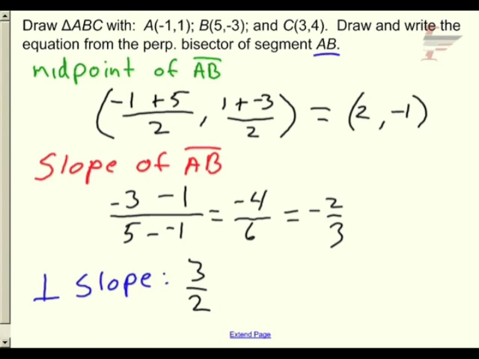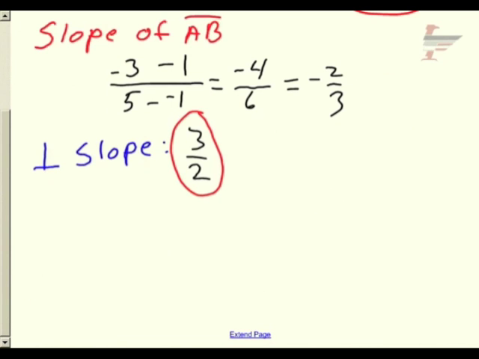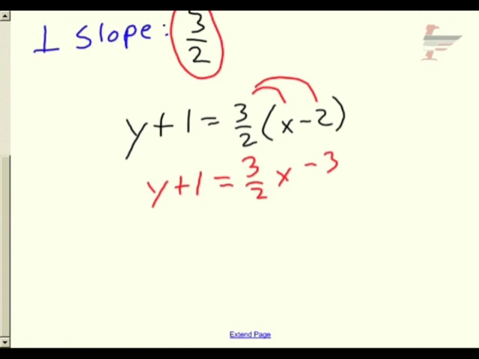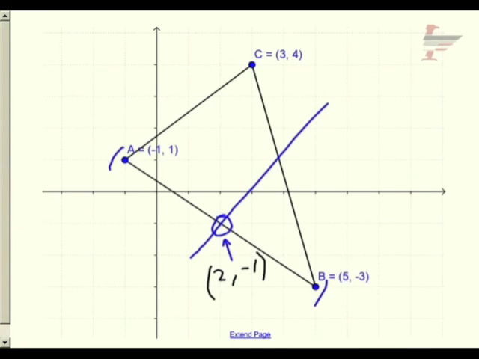Now, we're going to use this point and that slope, and we're going to plug that information into the point slope form and solve for y, right? Put it into the slope-intercept form. And so if we subtract -1 from both sides, we're left with a final answer of y equals 3 over 2x minus 4. And then we could graph that just to sort of check our work.